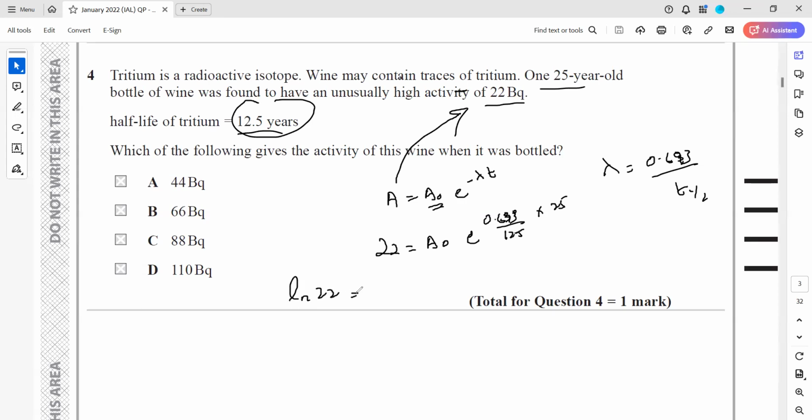So ln 22 is equal to ln A naught plus ln e raised to the power 0.693 divided by 12.5 into 25. And you can get the original activity. This is one way, the formula method. You just have to mathematically solve the equation and get A naught.